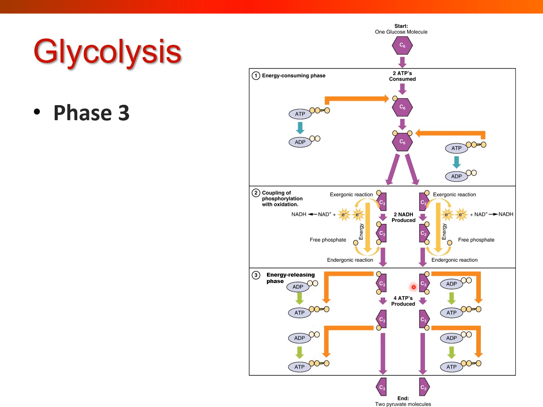And then we're going to do the same thing with this 3-carbon fragment over here, and we'll have made another 2 over here. And in the process, the enzymatic process that this 3-carbon fragment undergoes is basically going to be converted into a pyruvate molecule, also known as a pyruvic acid molecule. So we end up with 2 pyruvates and 4 ATP at the end of glycolysis.